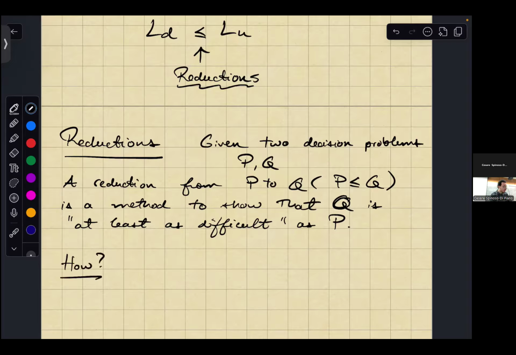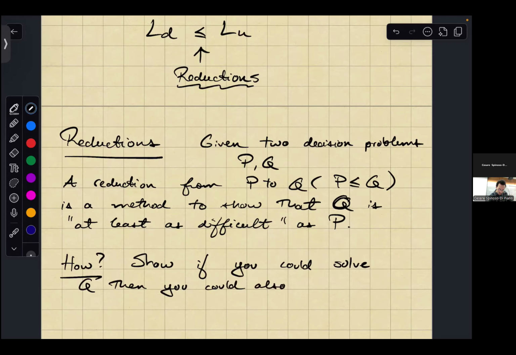Right. So the intuition as to how you do this is you want to show that if you could solve Q, then you could also solve P, right?